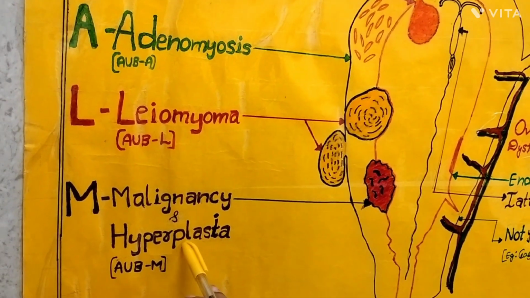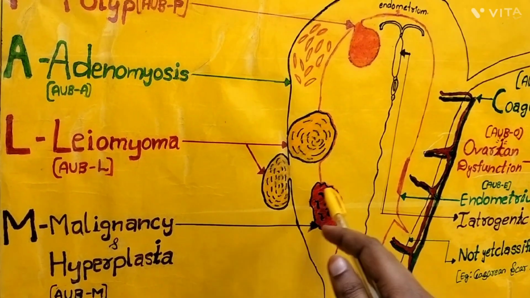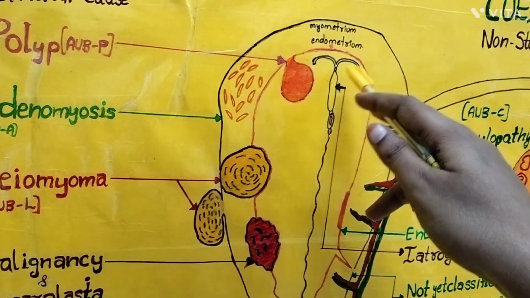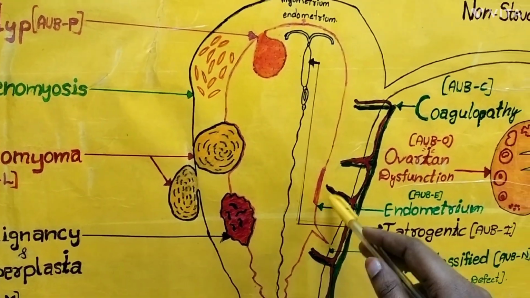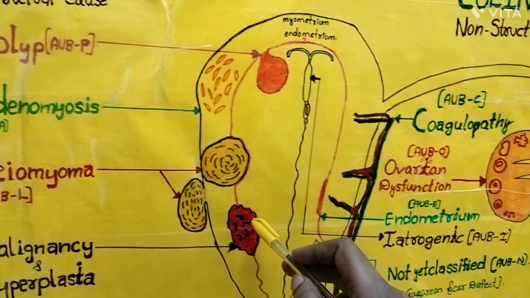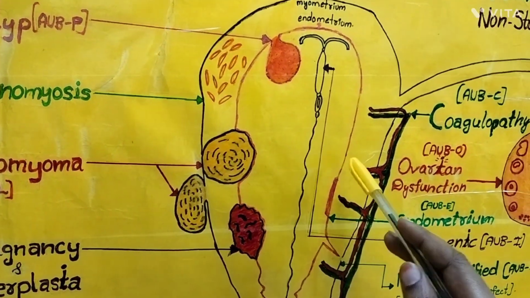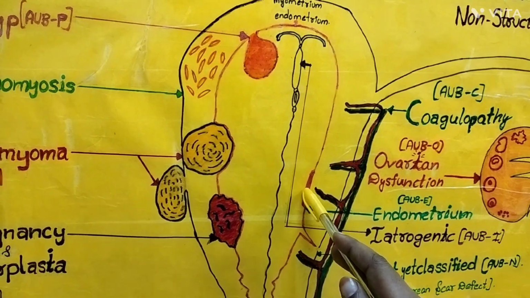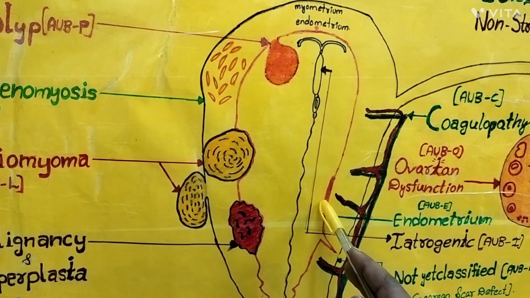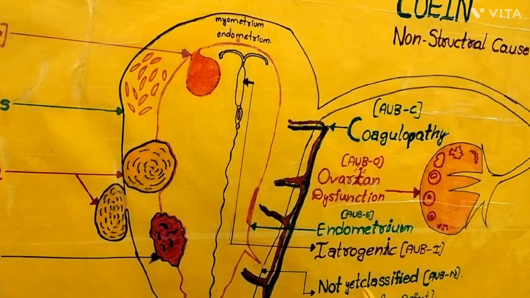Most of these women come in the reproductive age group, as the endometrial thickness keeps growing like this. This is a normal thickness, and it keeps growing like this, and it results in endometrial hyperplasia. Whenever there is endometrial hyperplasia, we need to differentiate whether it is with atypia or without atypia.